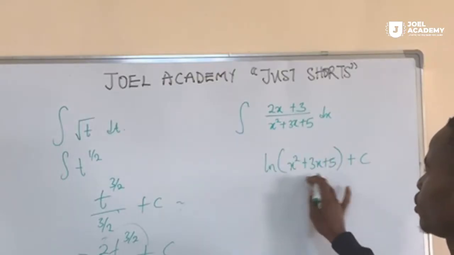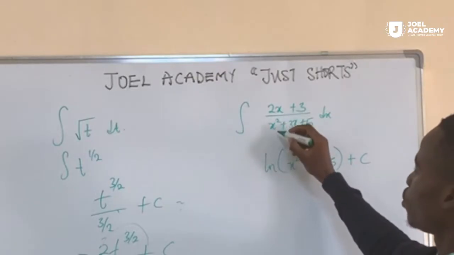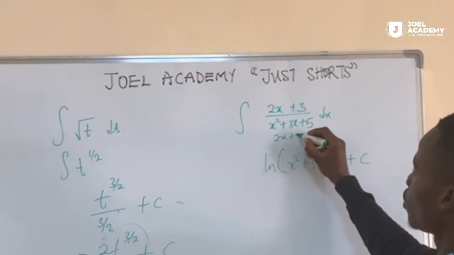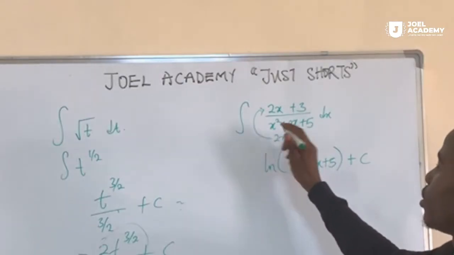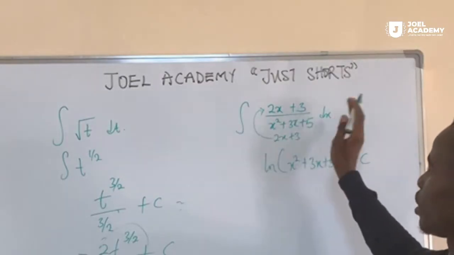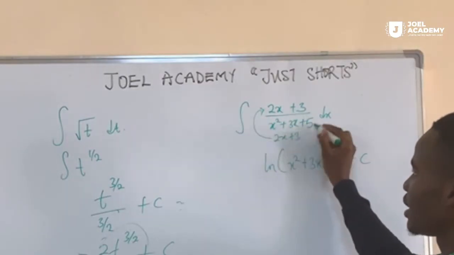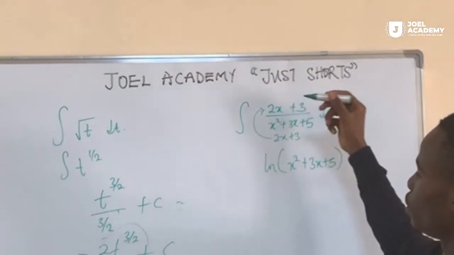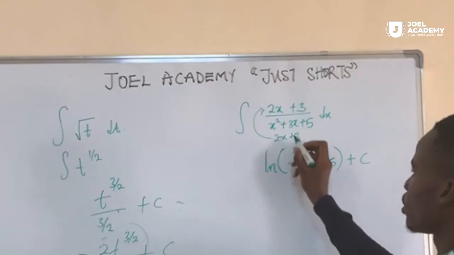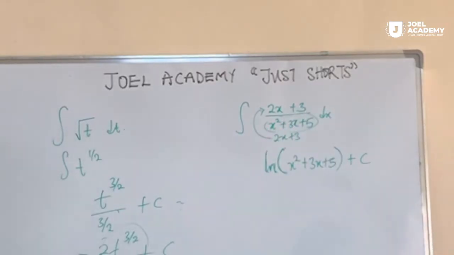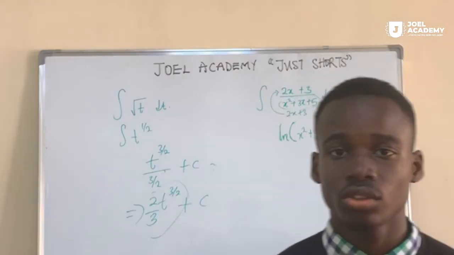If you differentiate this, you'll have 2x plus 3, which is the same thing as the numerator. So if it's the same, you are sure that they are going to cancel out. Once you differentiate what is at the denominator and it gives you the numerator, it means that your answer is ln of what is at the denominator, in brackets. I'm sure this will save you a whole lot of stress in your exam.